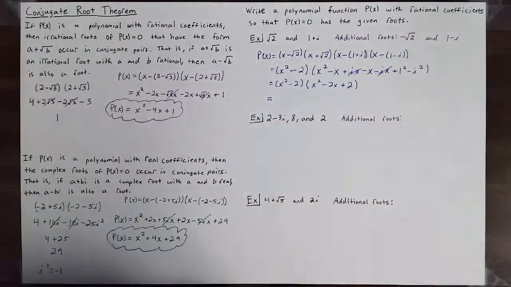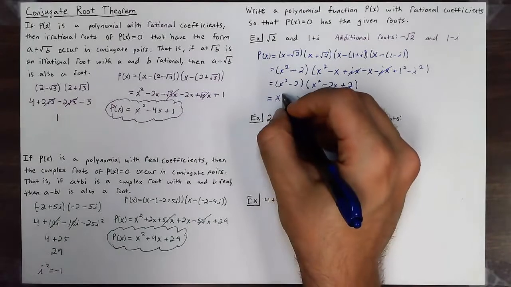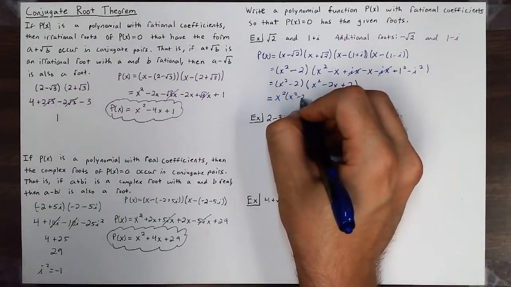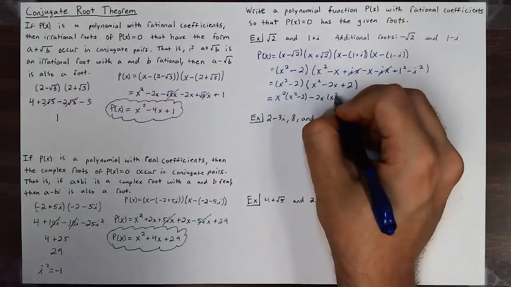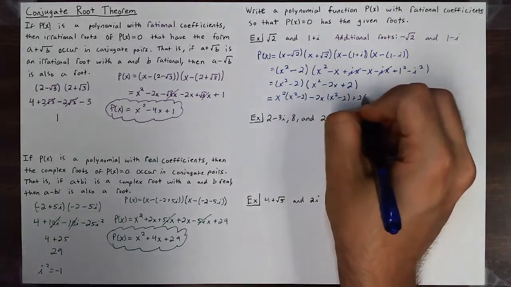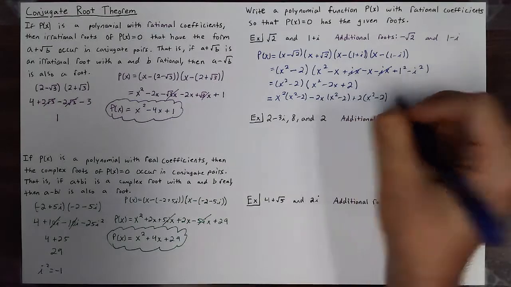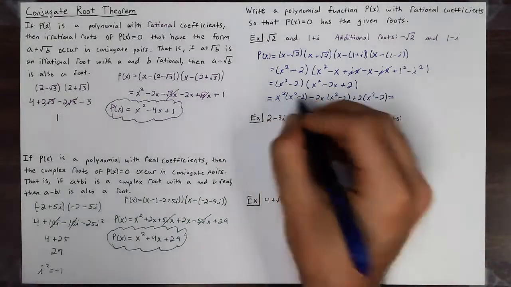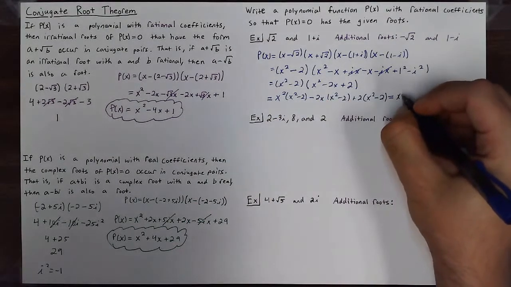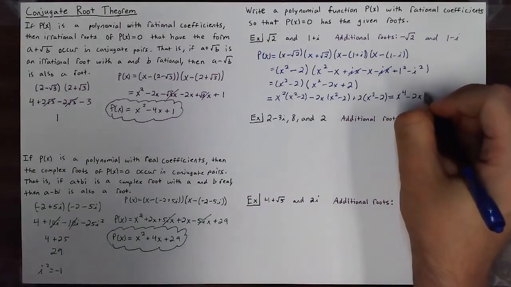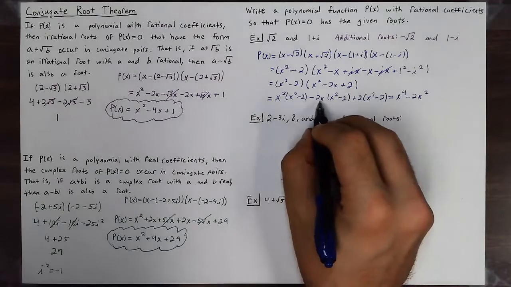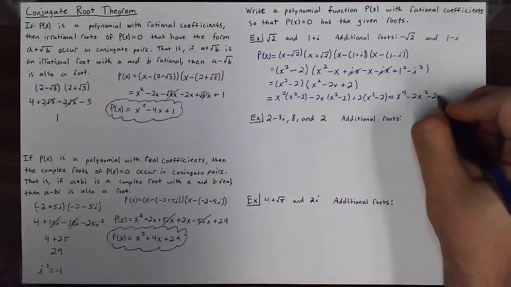Distribute in the x squared minus 2, and I get x squared times x squared minus 2, minus 2x times x squared minus 2, plus 2 times x squared minus 2. So x squared times x squared is x to the 4th. X squared times negative 2 is negative 2x squared. Negative 2x times x squared is negative 2x cubed.